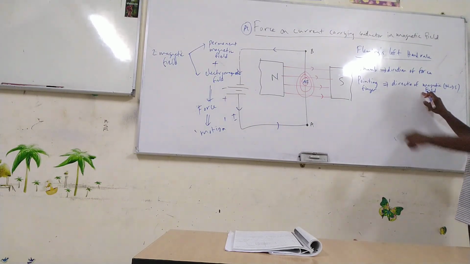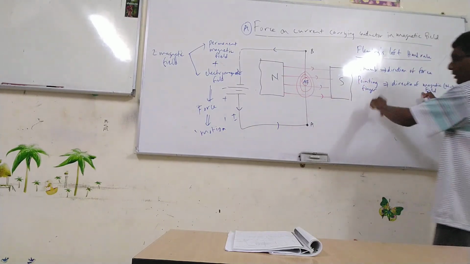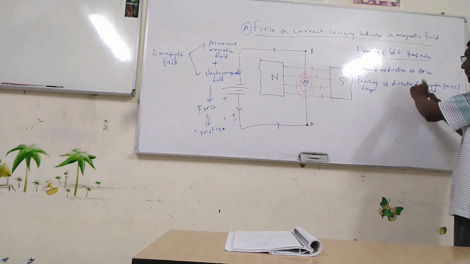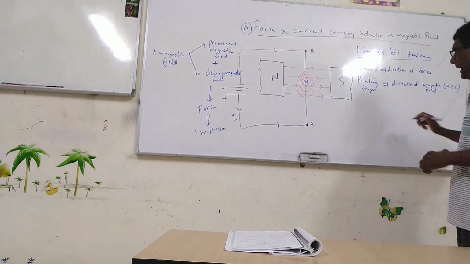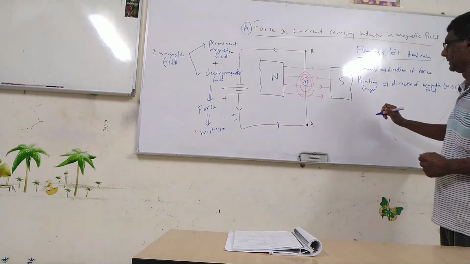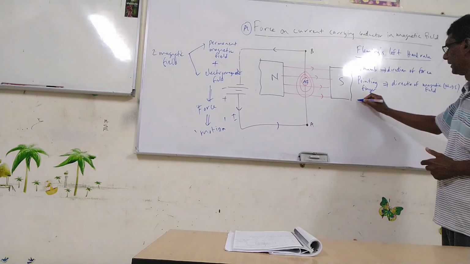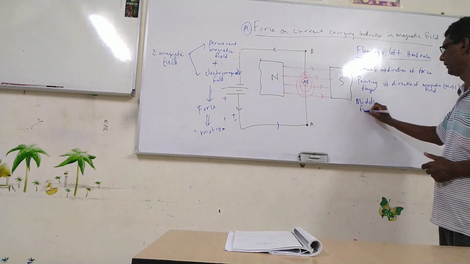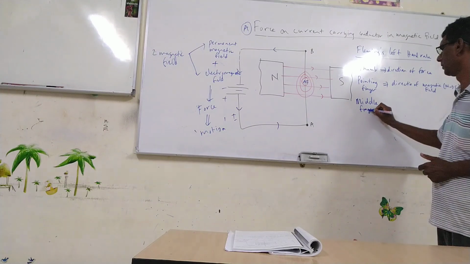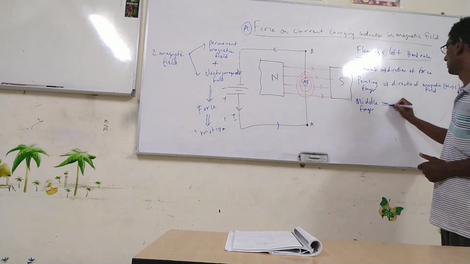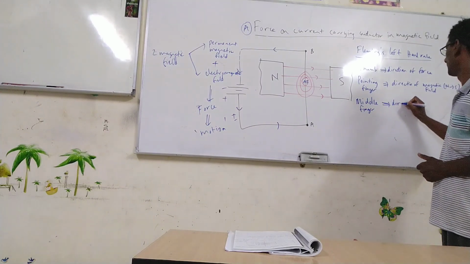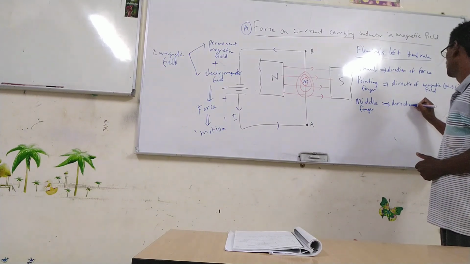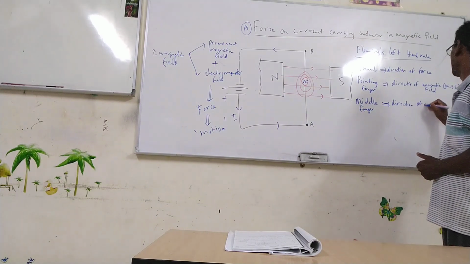The pointing finger shows the direction of the permanent magnetic field. And the middle finger shows the direction of current.